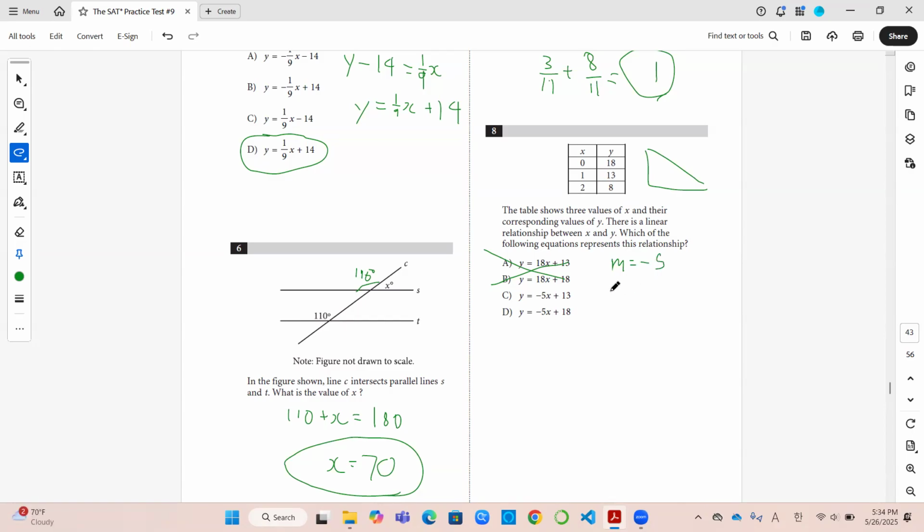And we don't know the b value here, right? But I can just put x equals 0, and y has to be 18. So obviously 18 is equal to b. So my correct equation is minus 5x plus 18. So D as in David is correct.